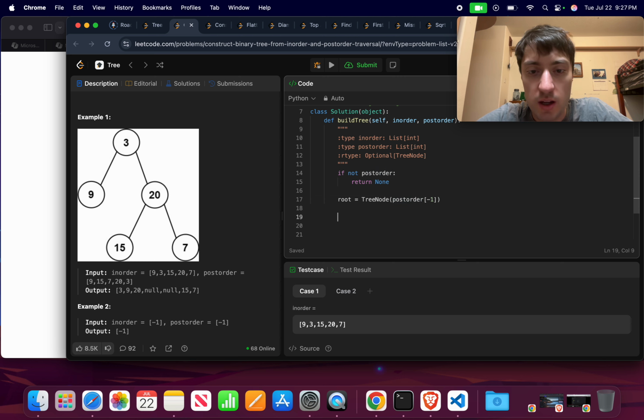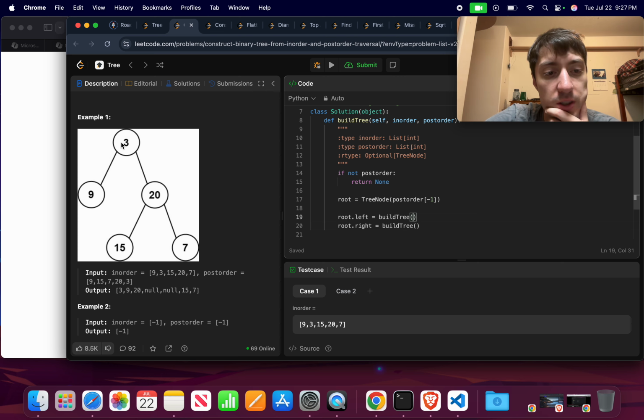So that's going to be the value. Okay, so now I'm going to create root.left is going to be equal to something. Root.right is going to be equal to something else. Okay, and I'm going to build them through build tree and then indexing the pre and post order, or in and post order. So build tree like this, and now I need to think about, okay, well, how am I going to do this in order? In order is where it breaks.